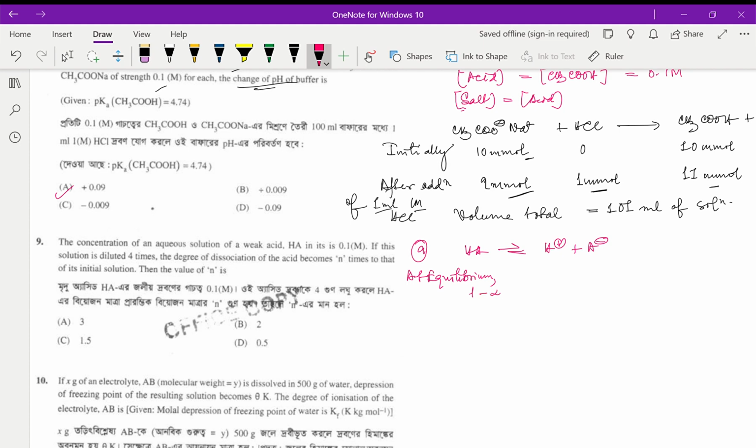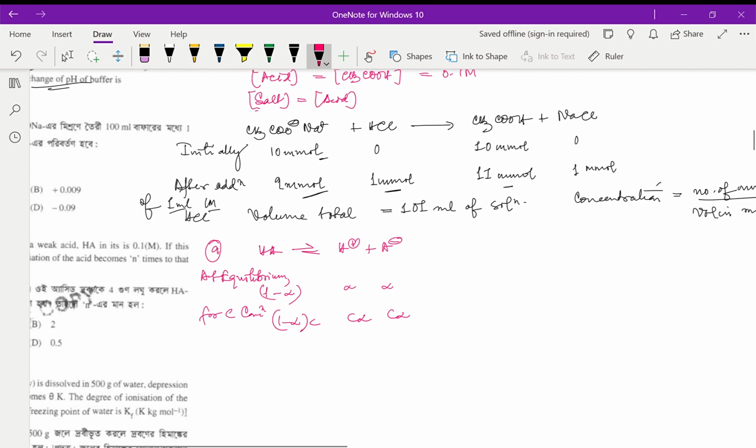Then for C concentration, this has to be 1 minus alpha into C, alpha C, alpha C. That is what it is going to be.